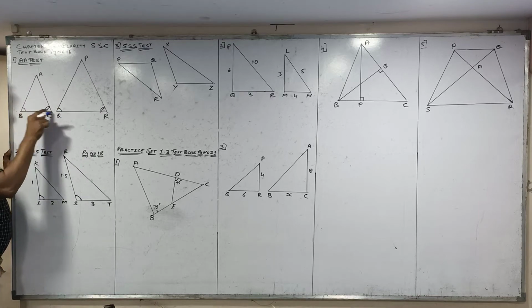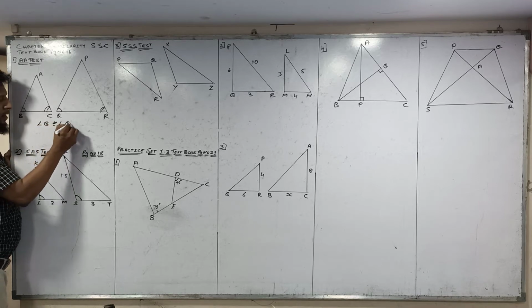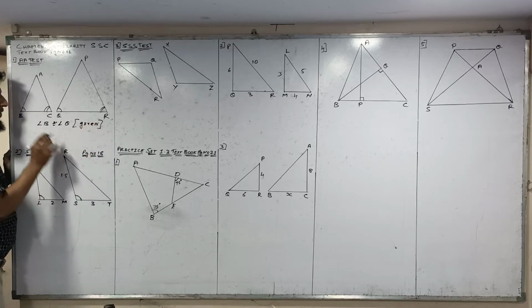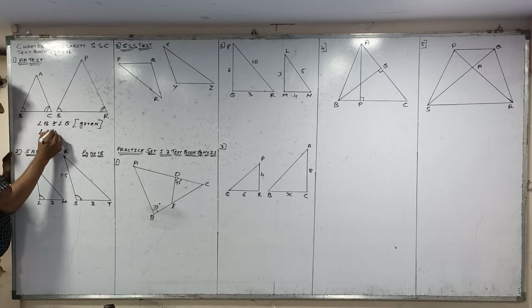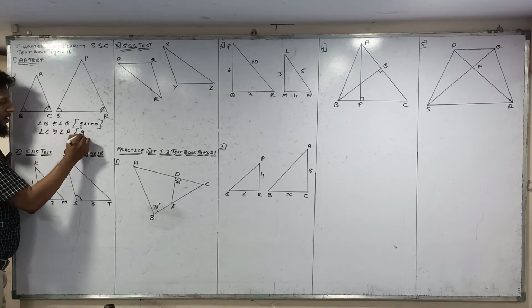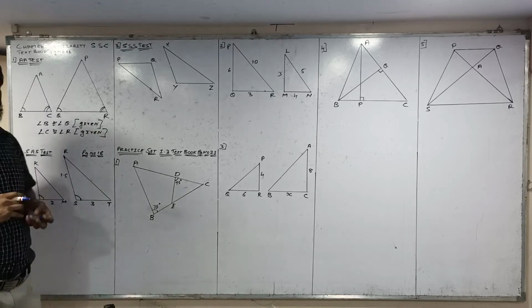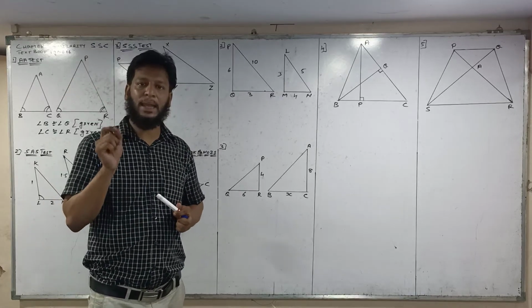See, angle B congruent to angle Q is given, and angle C congruent to angle R is given. So if two angles of a triangle are congruent, then the triangles are similar by AA test.